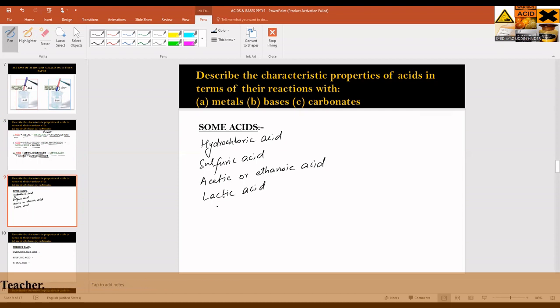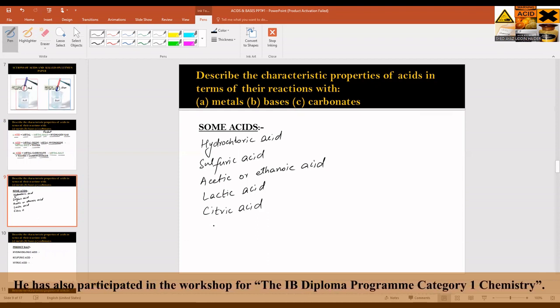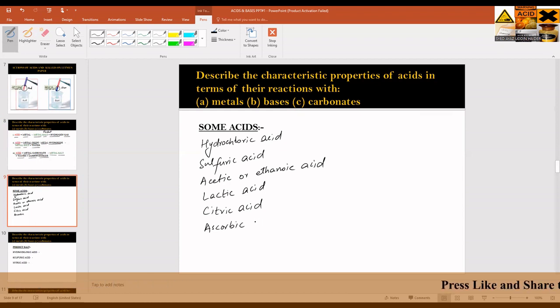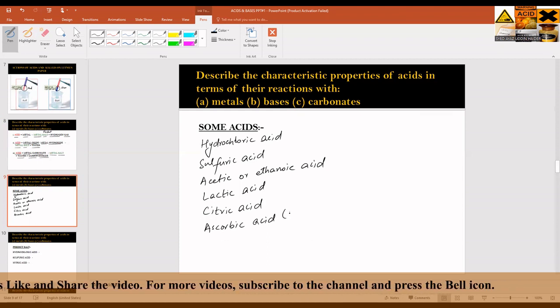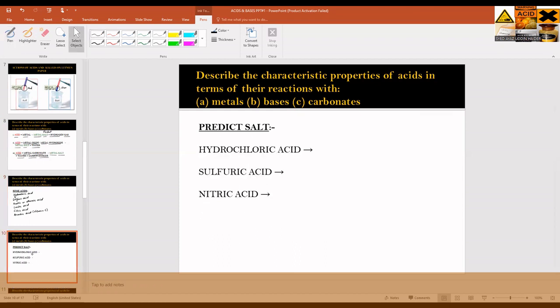Fruits contain acids like citric acid, ascorbic acid. Remember, I just said that ascorbic acid is also vitamin C. And there are many other examples of acids.